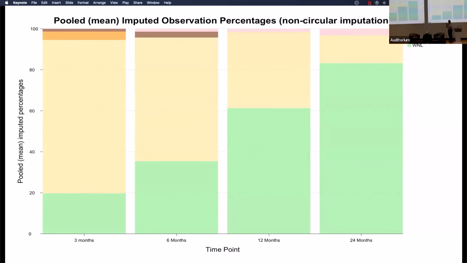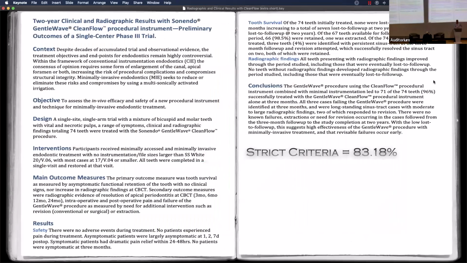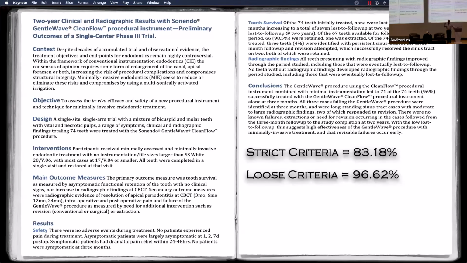When you take into account the uncertainty in the patients that we had lost to follow-up and correct for that mathematically using a technique called multiple imputation, what you find is under strict criteria, about 83% of the cases were within normal limits, and with loose criteria, which would mean within normal limits or improving, we had over 95% of the cases, and none of the cases were symptomatic.